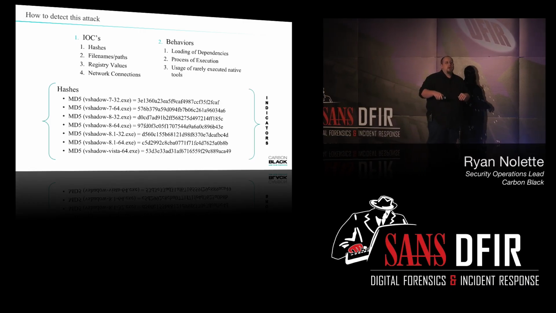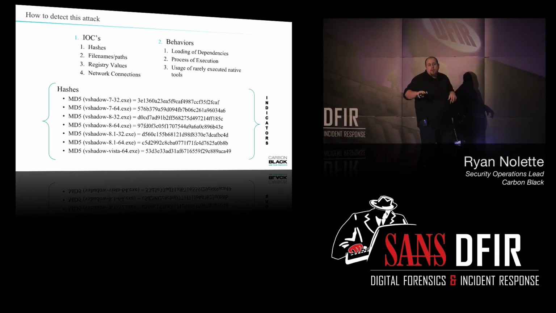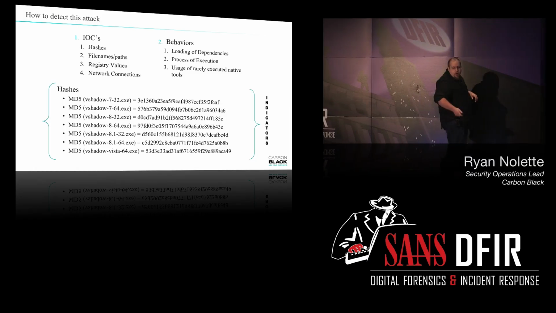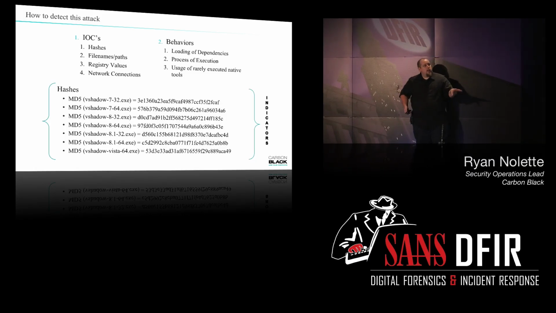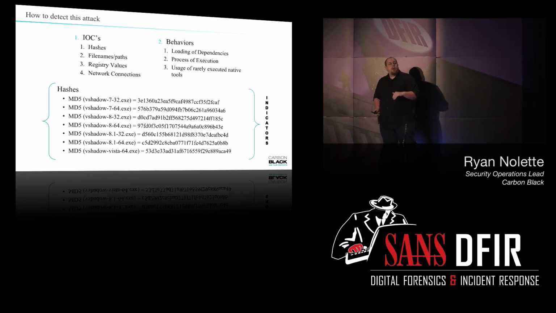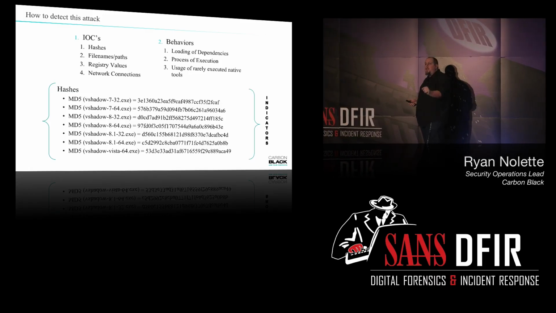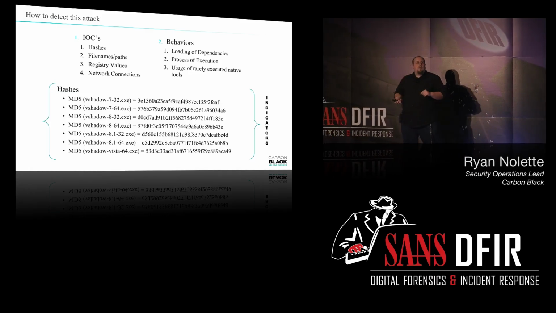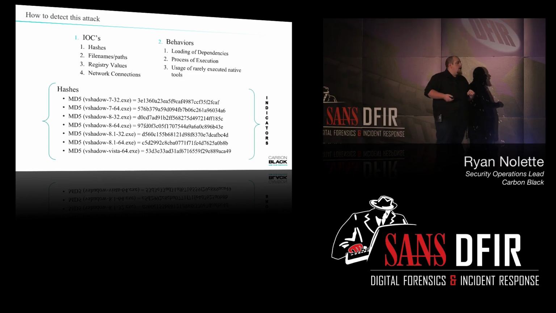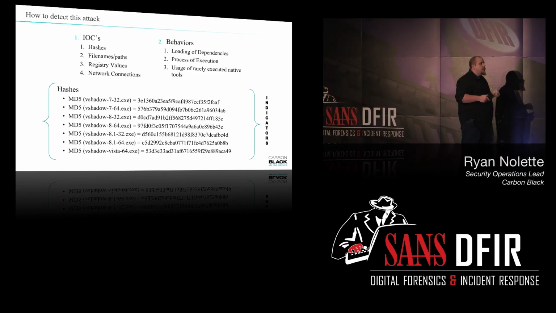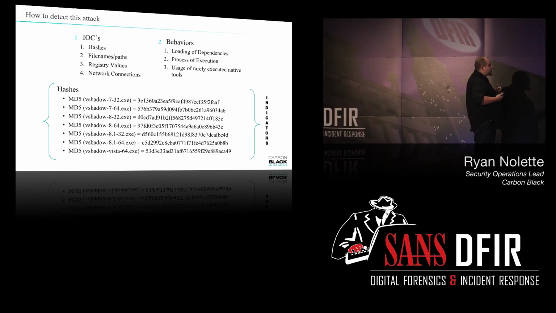So I'm breaking the IOCs into two separate things: static IOCs, like hashes, file names, and paths, and dynamic ones. What we're going to do here is look for vShadow. vShadow did not come natively installed up until Windows 7. This is kind of a debug utility.